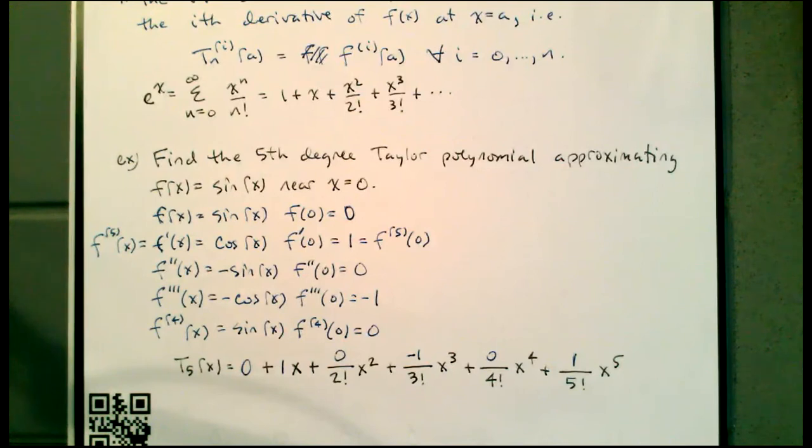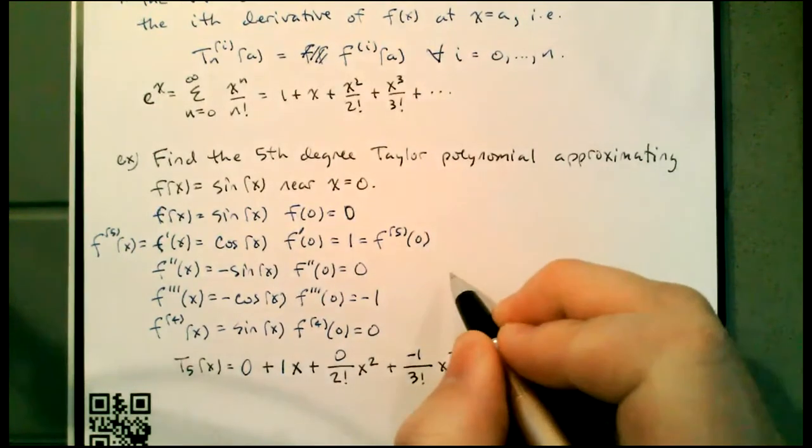And that follows a pattern: 0, 1, 0, negative 1, and so on. I have to hit Control C, otherwise I'm going to just go on forever. So we can see that the fifth degree polynomial, we're going to have an x minus x cubed over 3 factorial plus x to the fifth over 5 factorial.